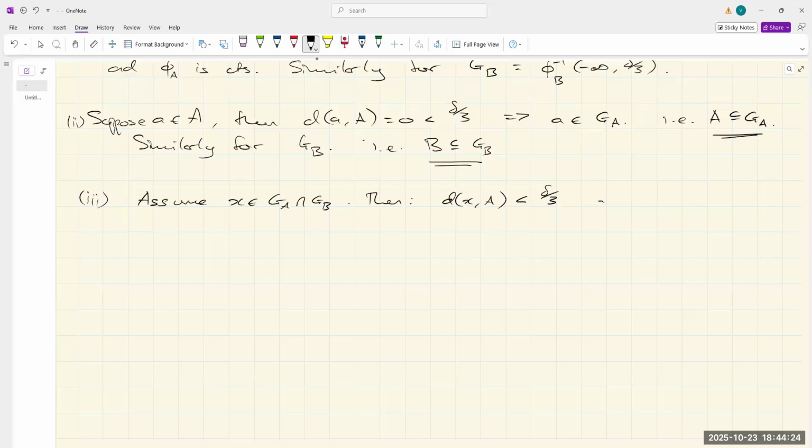And since x is in GB, the distance between x and B must also be less than delta over 3. I shouldn't say the distance, the infimum of the distance.